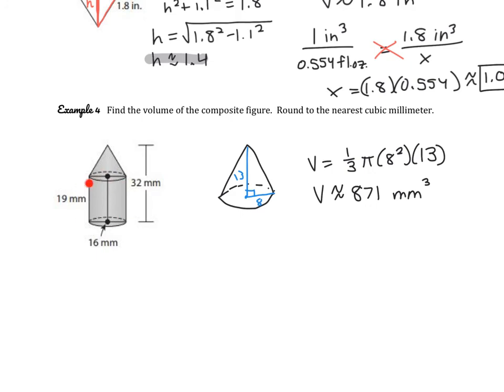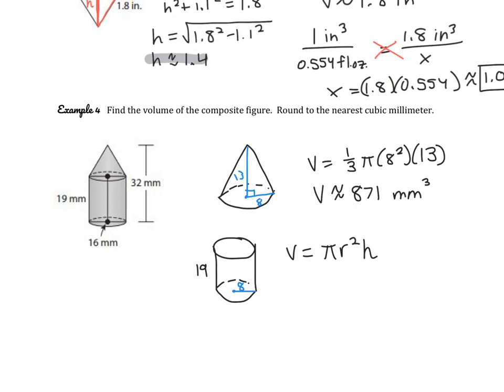So now we need to find the volume of the cylinder below. So I'm going to draw a quick picture of just the cylinder portion. So we know that the height of our cylinder is 19. And again, we know that our radius is 8. So remember, for the volume of a cylinder, we do the area of the base, which is pi r squared, and then we multiply it by the height.